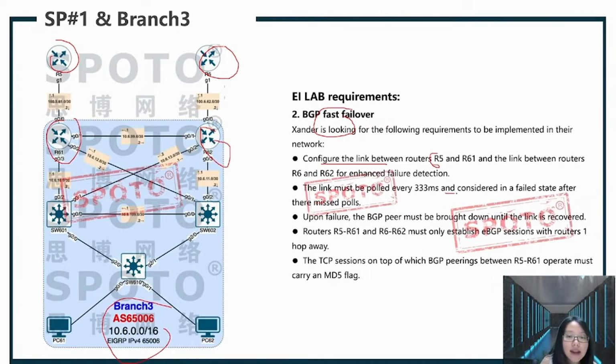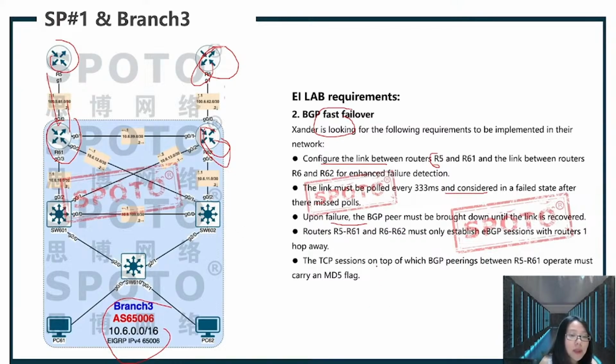333 milliseconds and considered in a fail state after 3 missed polls. So upon failure, the BGP peer must be brought down until the link is recovered. Router 5 and 61, router 6 and 62 must only establish eBGP sessions with routers one hop away.